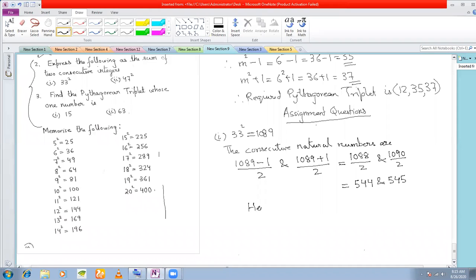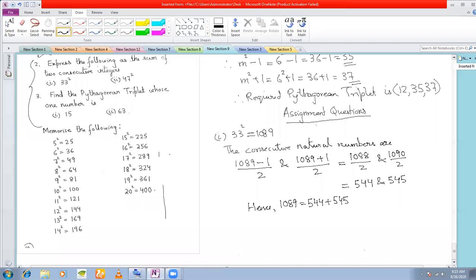Hence 1089 has been expressed as sum of 544 and 545. Okay, 47 square you can do similarly on your own.